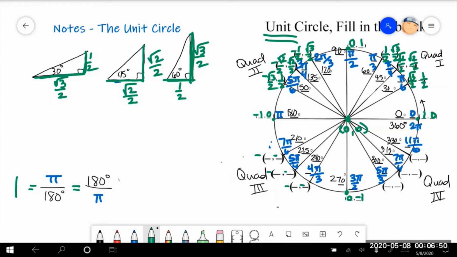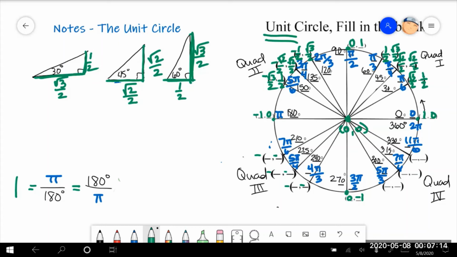So I will admit, the unit circle does end up looking a little cluttered when you finish adding all the information that you gather from it, but it is a very information-filled tool that you have for yourself if you can manage to understand the patterns, because really the unit circle is a bunch of patterns, okay?